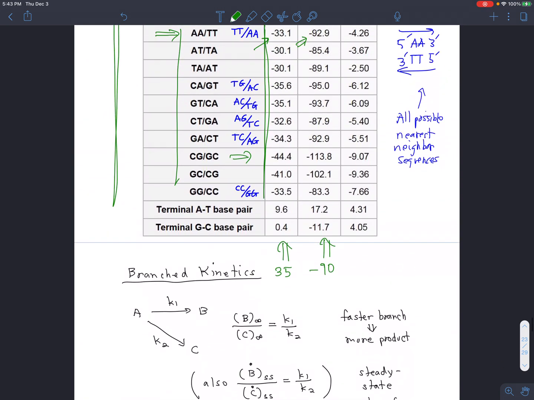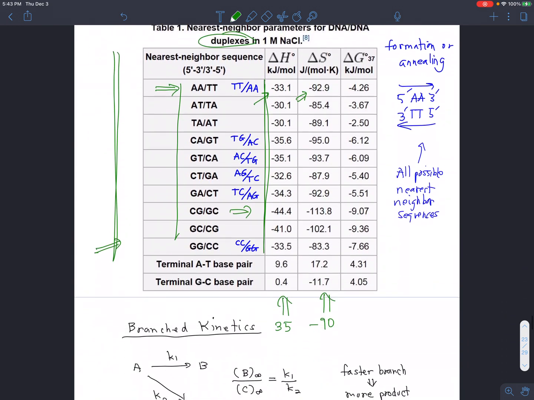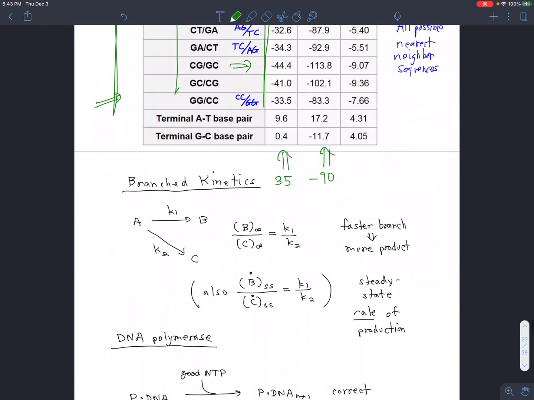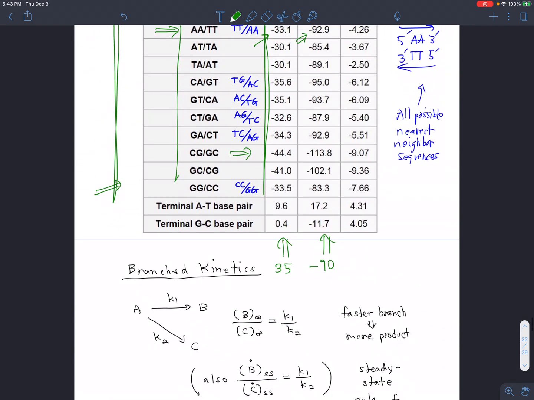All right, we use this also to predict, remember, the melting temperature. I didn't write the formula down, so let me write that formula down here. The melting temperature: you calculate the delta H of melting and the delta S of melting, of annealing, sorry, from these tables, for some sequence, a fourmer and a tenmer in some of the examples.